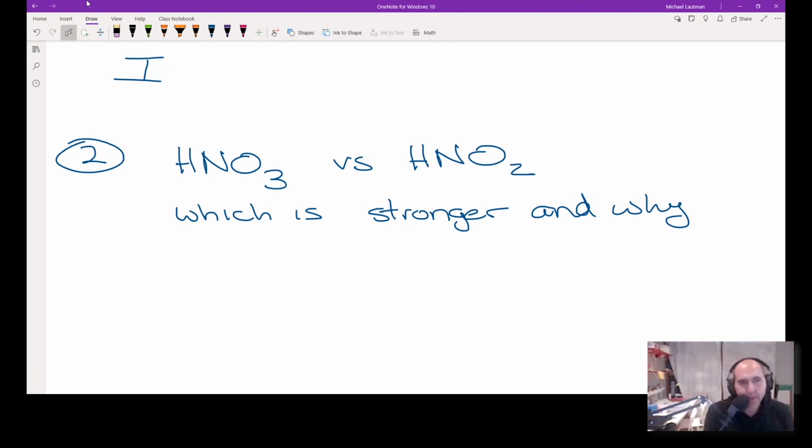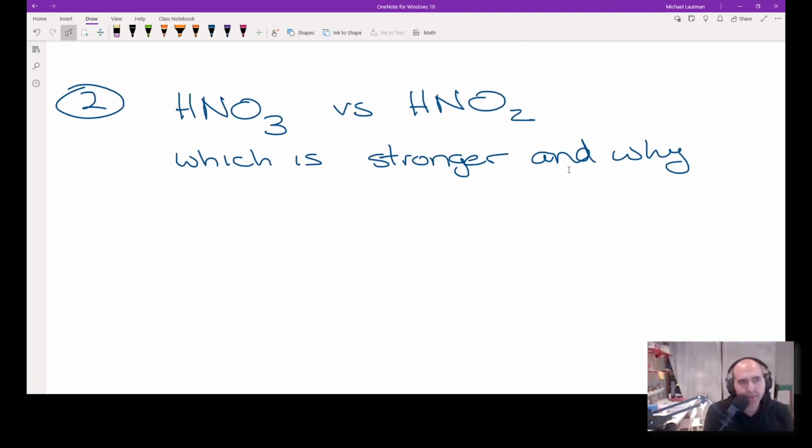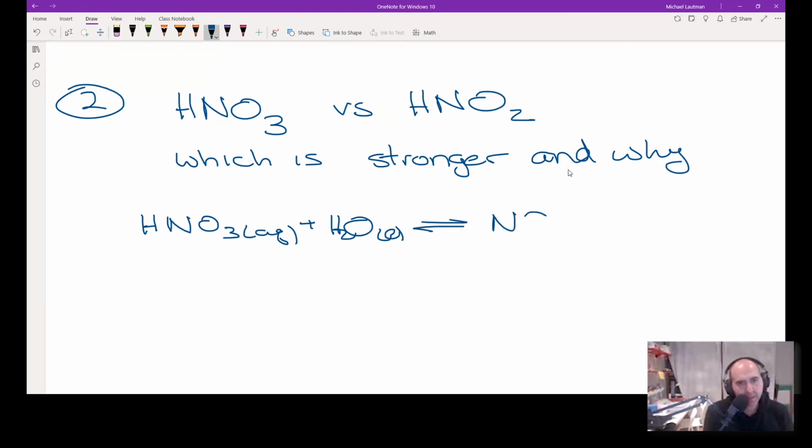Now we have two acids, HNO3 and HNO2. I'm going to get you started and then see if you can figure out how to proceed. So again, I have HNO3 reacting with water to give me NO3 minus and H3O plus.